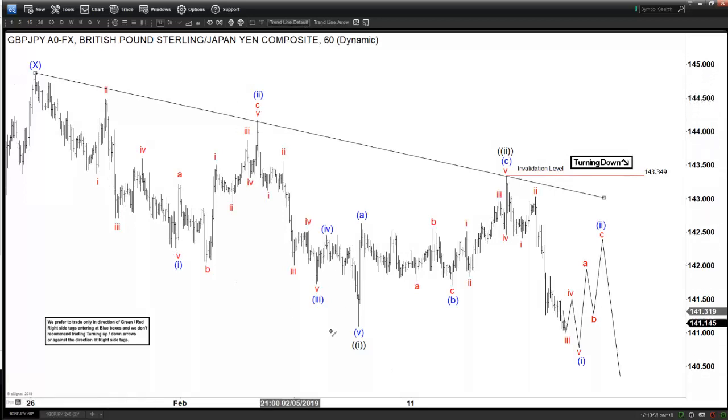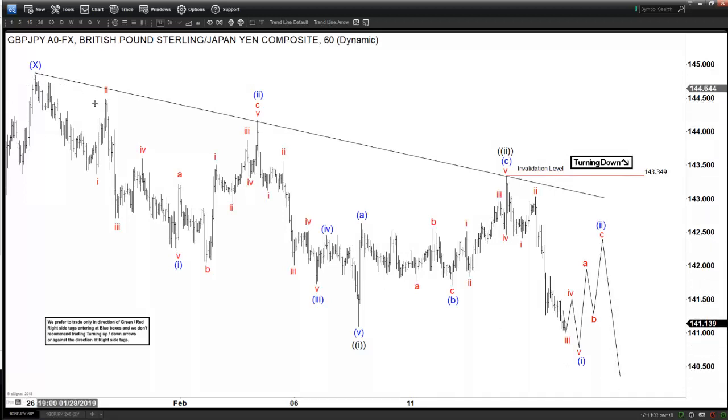This is a 5 waves diagonal ending with 1, and then we finish the correction with 2, and then from there we got a new low, breaking below the previous low over here, and the decline also looks impulsive from this peak. So that suggests that as far as the bounce can stay below here, we should get at least another leg to the downside.